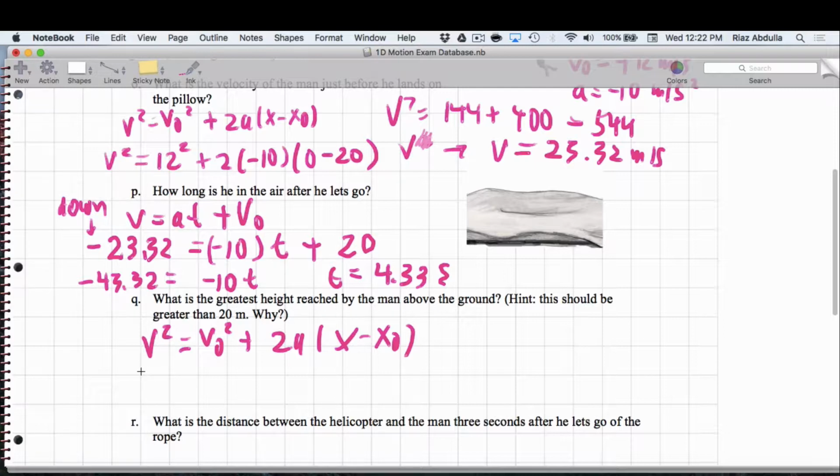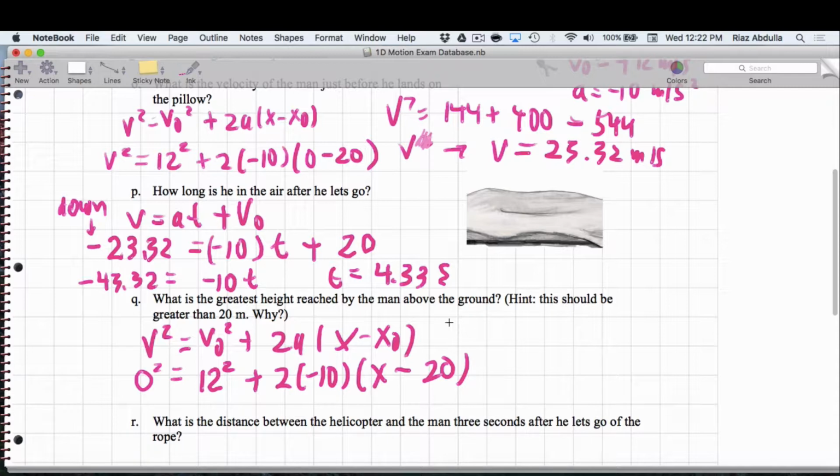So v squared is 0 squared because at the tip top, at his greatest height, his speed is 0. His initial speed is 12 meters per second, and we square that, plus 2 times the downward acceleration of negative 10. X is what we're trying to find, and the initial height is 20.